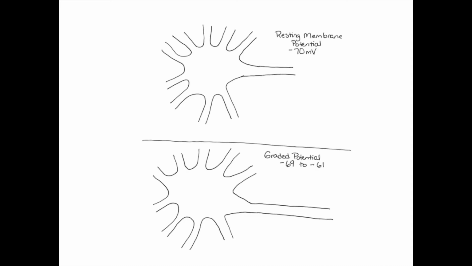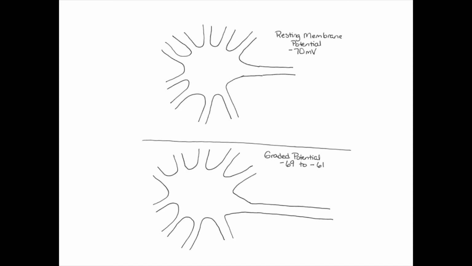There's a lot more sodium outside the cell than inside the cell. In the process of diffusion, which direction would sodium want to diffuse? Yeah, inside. It wants to get inside that cell very badly because it wants to go from high concentration to low concentration, right? There are sodium channels that are always open, and we call those leak channels.